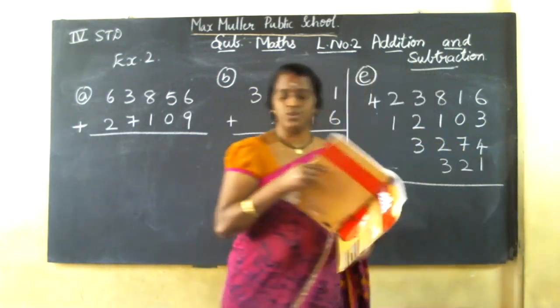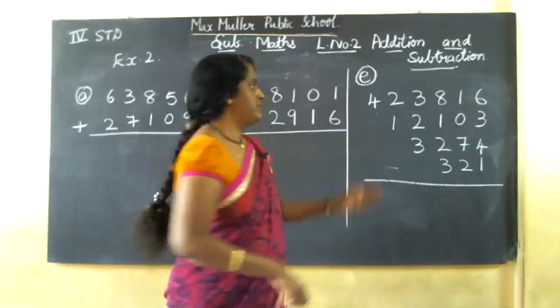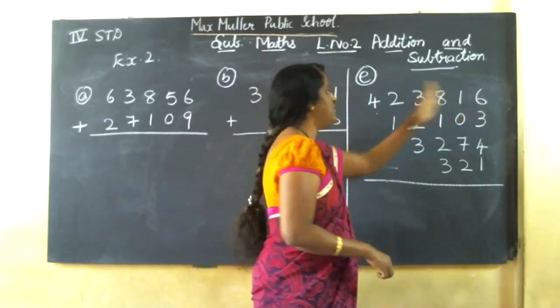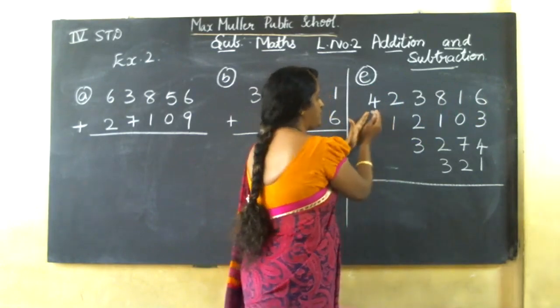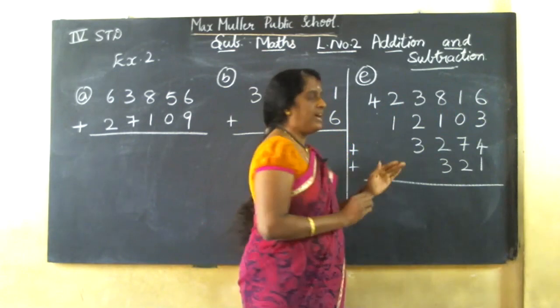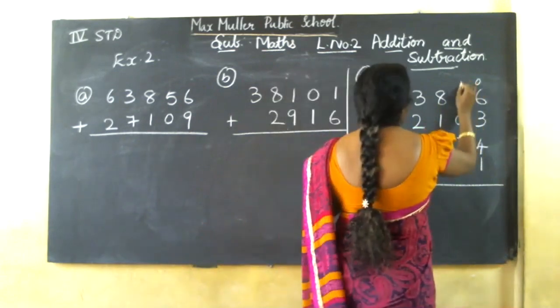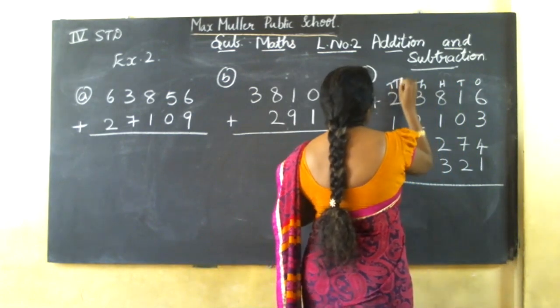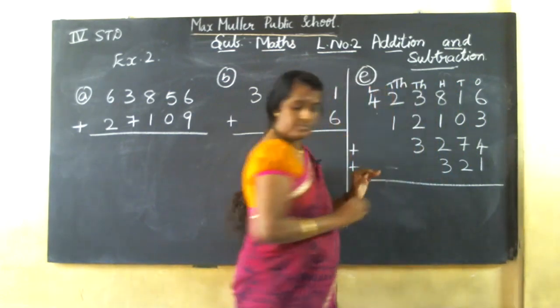Yes, you should write like this, step by step. See, if you write a 6 digit number, you should not start the 1 from here, or the 3 from here. As I told you how to write: this is ones, tens, hundreds, thousand, 10,000, lakh.